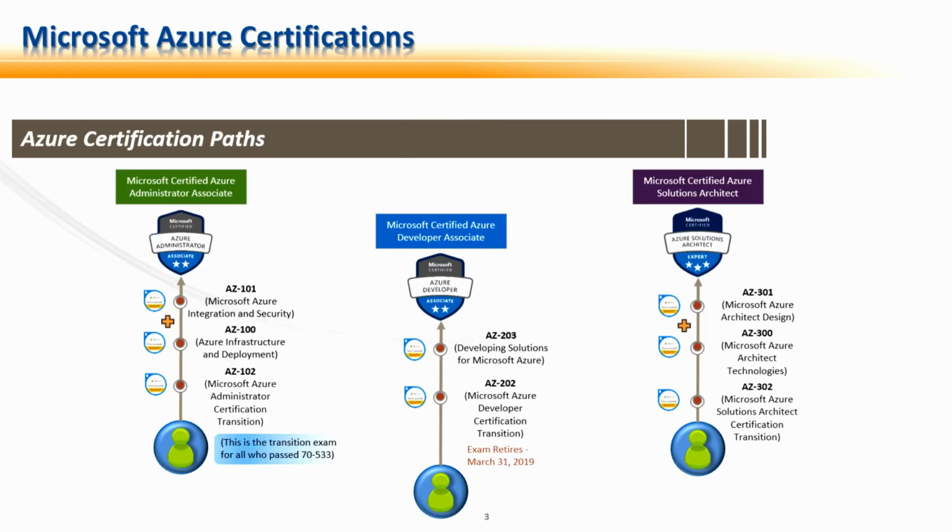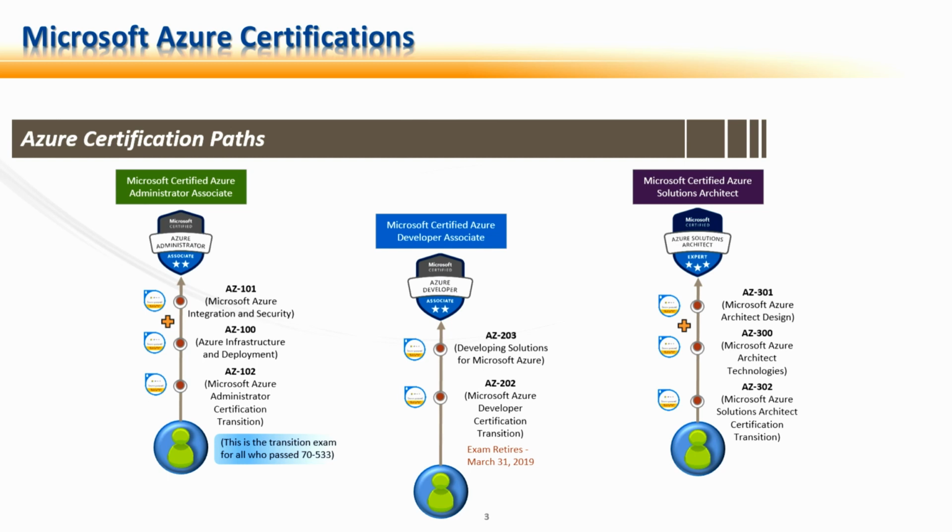Although we will be focusing more on the Microsoft Certified Azure Administrator Associate certification in this session, let me give you a brief overview of the Microsoft Certified Azure Developer Associate and Microsoft Certified Azure Solutions Architect certifications as well. So we already know that for getting the Azure Administrator Associate certification, we need to complete the two certifications, which are AZ100 and AZ101.